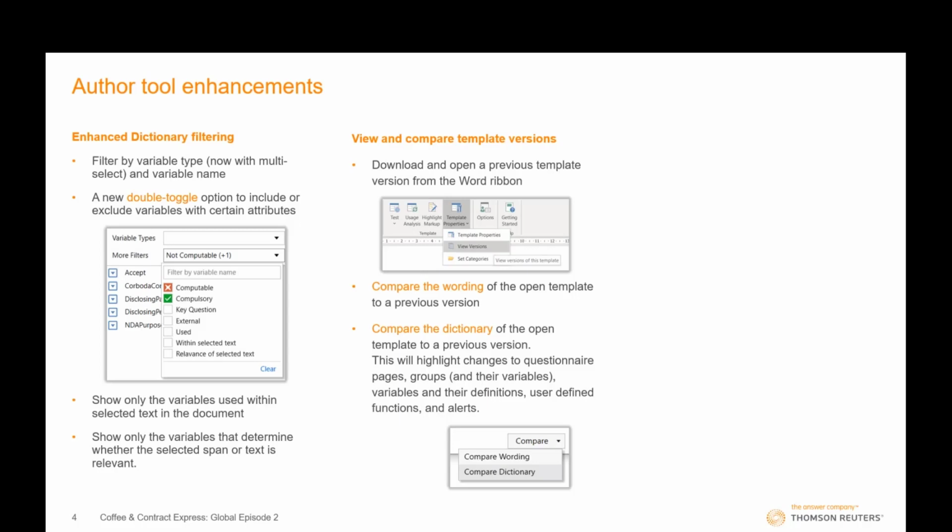So it really gives you the ability to see how a dictionary has changed over time between versions of a particular template. And you can also use this just to get a straight download of the dictionary that you have as well. So if you've just opened a version, downloaded a version from Contract Express, and you open that and hit the compare dictionary and compare it to itself, that's a really quick way to get the output of the dictionary as well with that questionnaire structure.